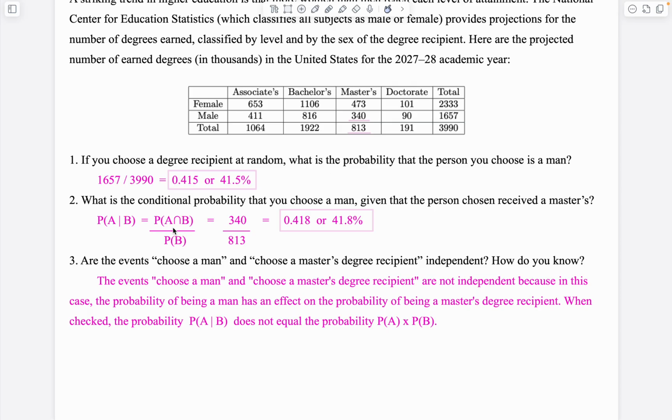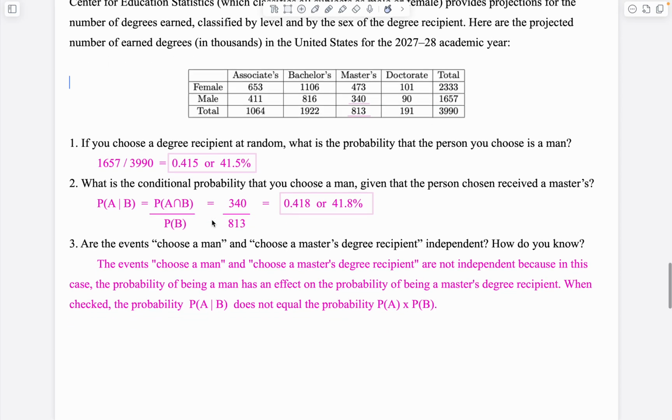So then you have to multiply the probability of being a male by the probability of receiving a master's. And using the table, you don't even have to multiply. You can just go and find the intersection. So that first number is going to be 340 because that is the total amount of males that received a master's. And then you just have to divide that by the total number of master's degrees between both genders. So that would be 813, and when you divide those two, you get 0.418 or 41.8%.